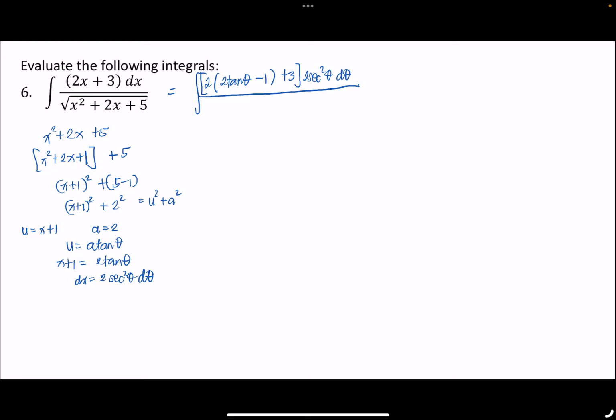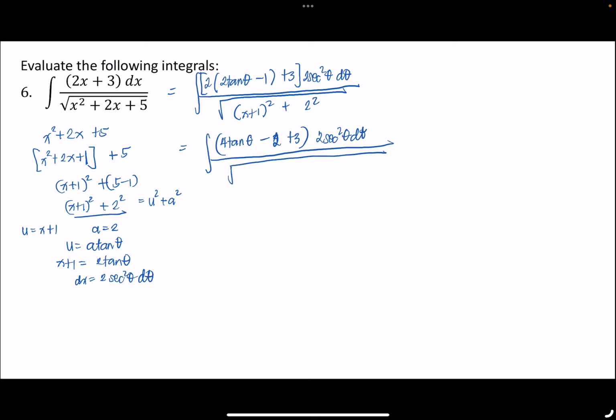We're going to use the completed square form, x plus 1 squared plus 2 squared. So we have 4 tangent theta minus 2 plus 3 times 2 secant squared theta d theta over the square root of x plus 1 squared, so that's 2 tangent theta squared plus 2 squared.